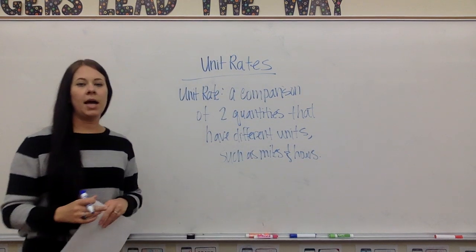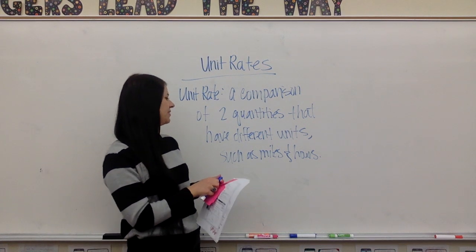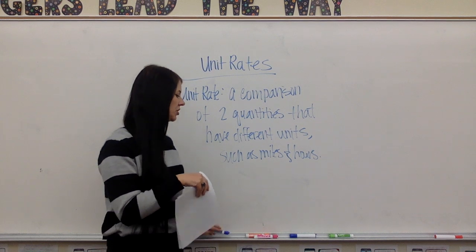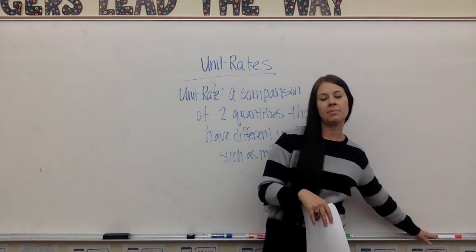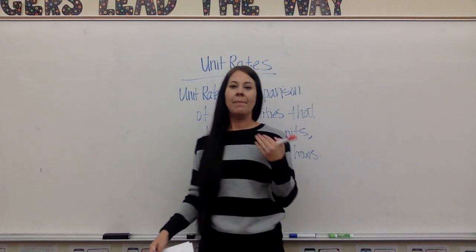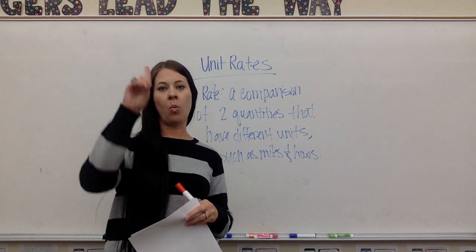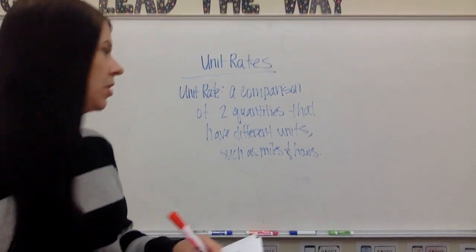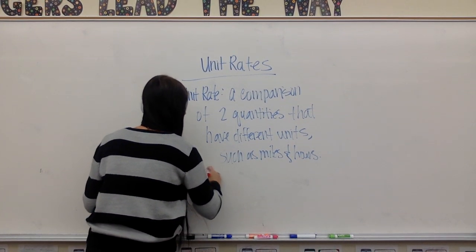Okay, so it's a comparison of two quantities that have different units, such as miles and hours. And they give you miles and hours to start with because it's one that we're actually really familiar with, is miles per hour. Well, miles per hour is a unit rate because it's coming down to what 1 hour is, okay? So what we use is ratios.